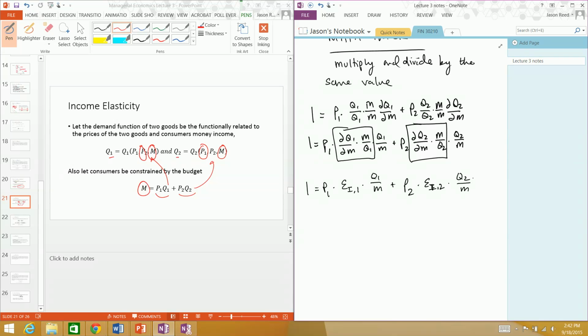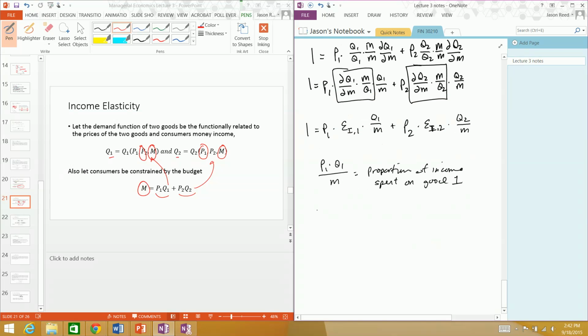And from our budget constraint, we know that P1 times Q1 is essentially the cost of consuming good 1. And now when we divide it by M, we get that this relationship, P1 times Q1 over M, is equal to the proportion of income spent on good 1.